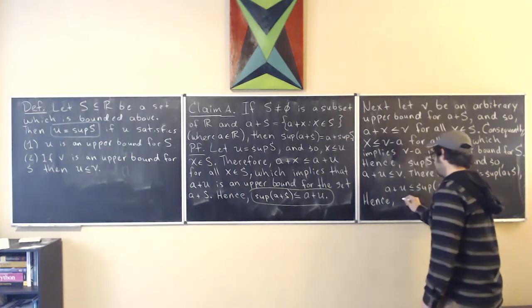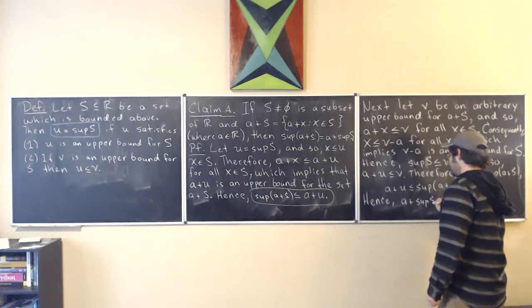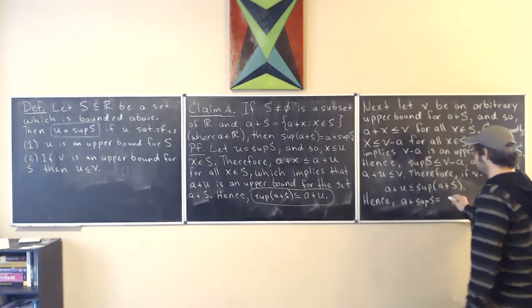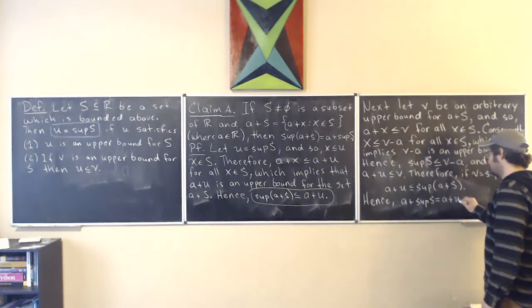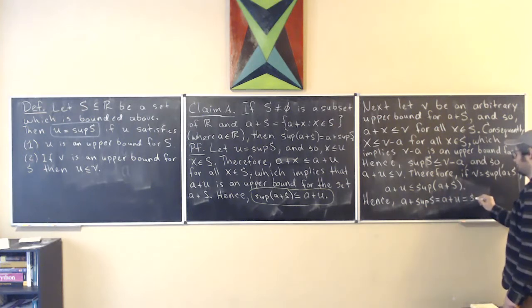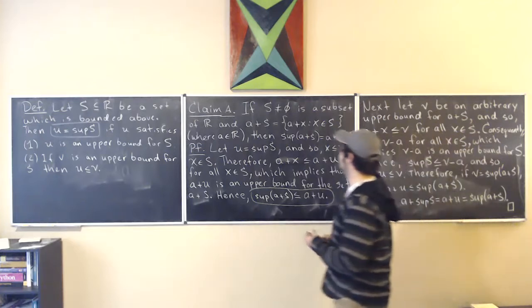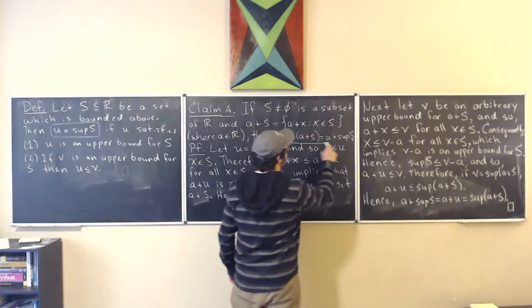Hence, A plus the supremum of S, which is equal to A plus U, is equal to the supremum of A plus S. And that finishes the proof of this statement.